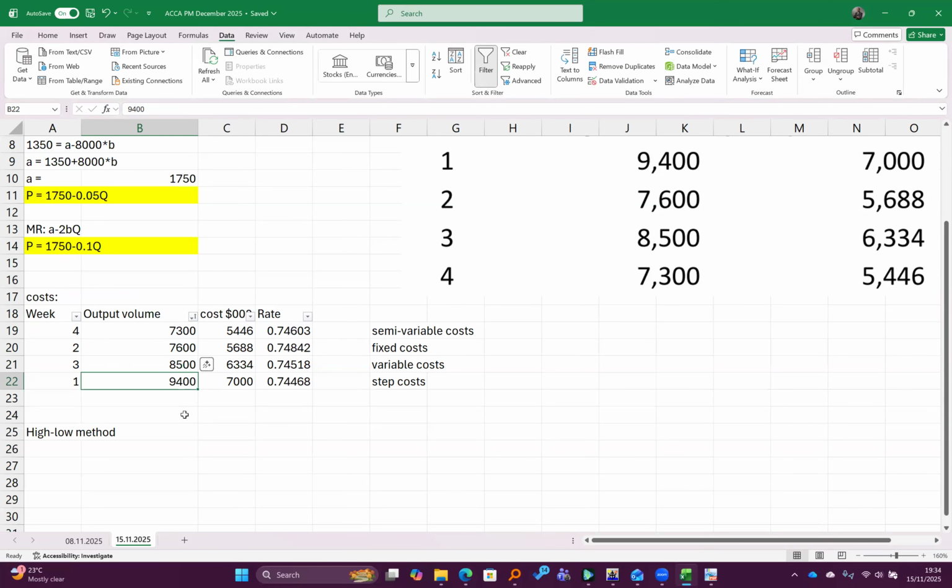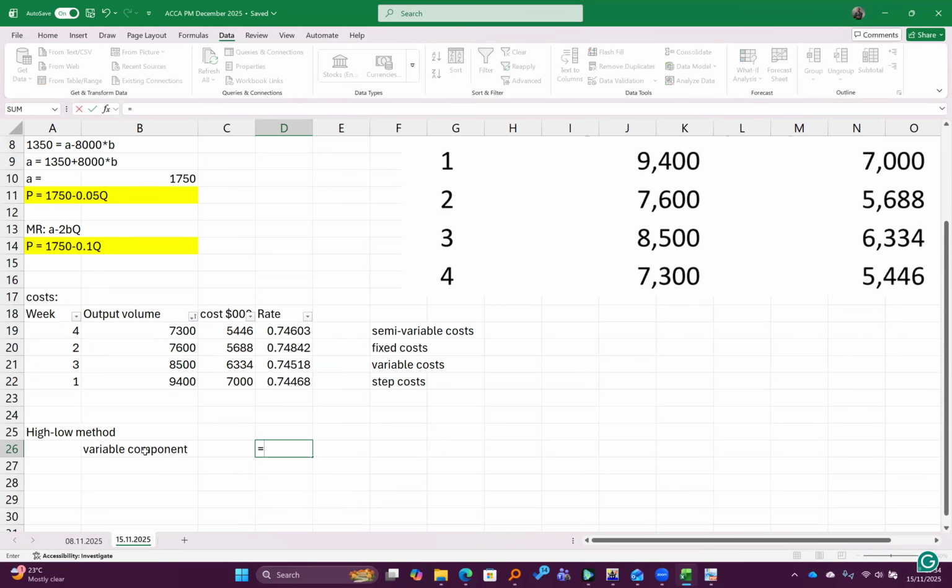So what we do to get the variable component, we start with the cost corresponding to the highest volume and the lowest volume, subtract them, and divide by the difference between the highest volume and the lowest volume.